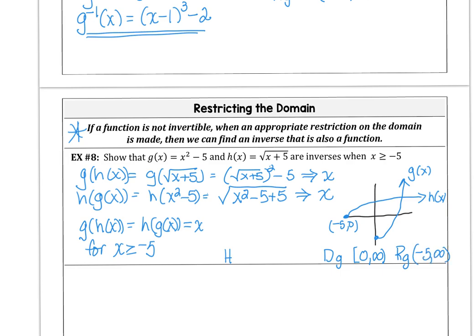So looking at the h graph, the domain of the h graph is the range of the g graph on that restricted domain. This needs to be a bracket. Hopefully that helps. The graph helps you understand the mathematics that we have written here.